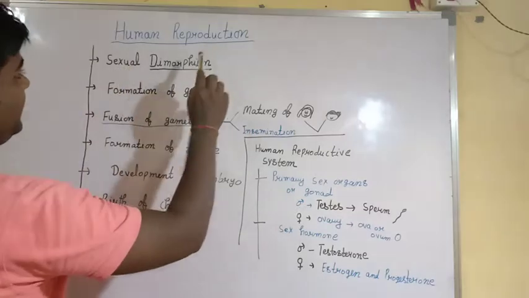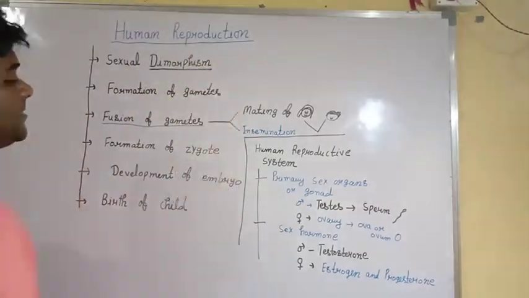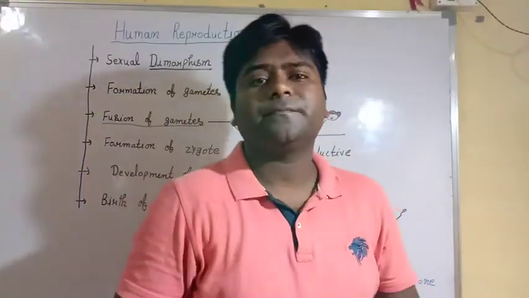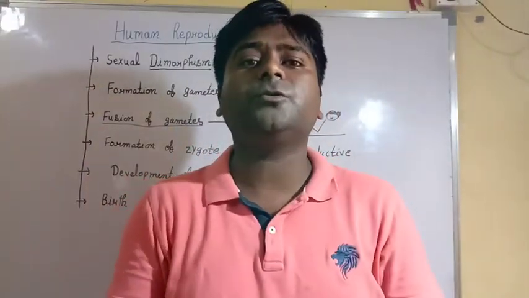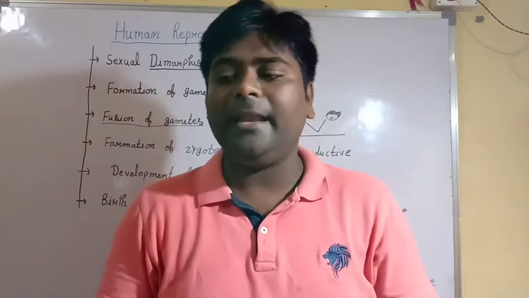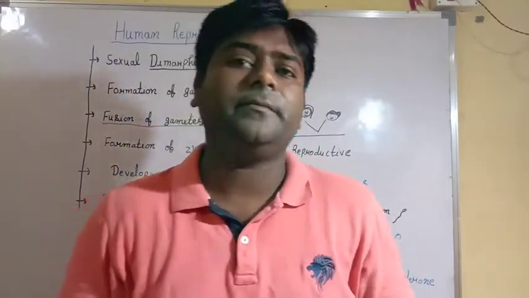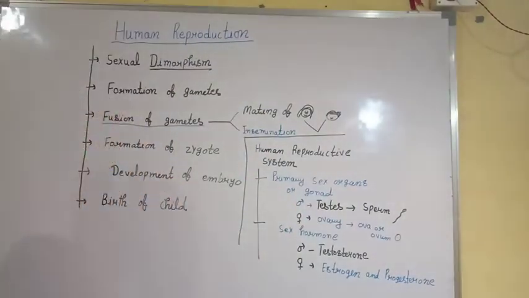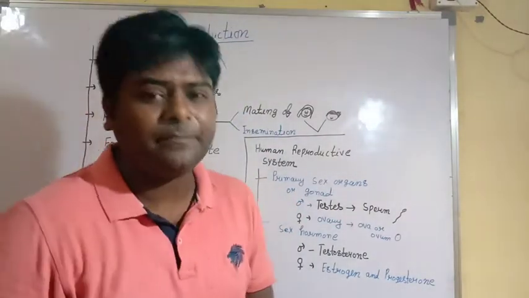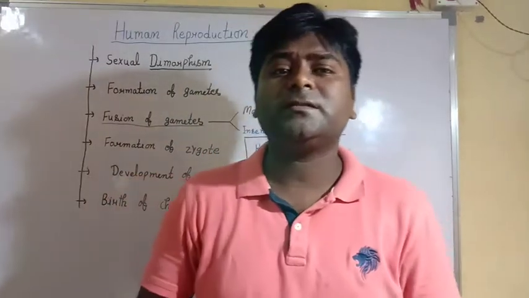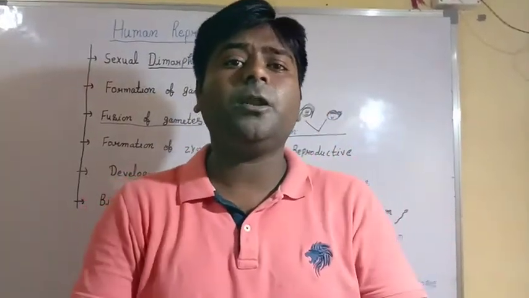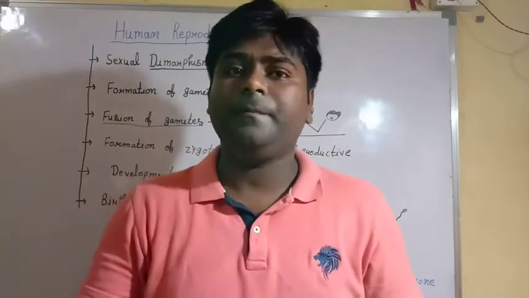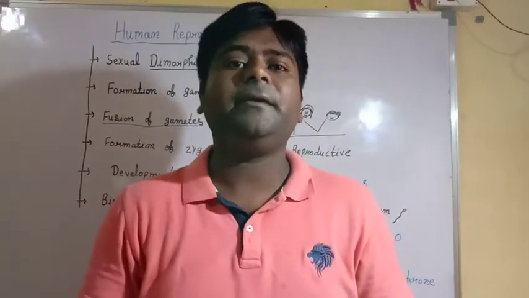Sexual dimorphism means the male and female systems are completely separated. In your syllabus it is mentioned that you have to go through the detailing of the male and female reproductive systems. We'll study them separately. And then what is next? The system is responsible for the production of gametes, male gametes as well as female gametes.